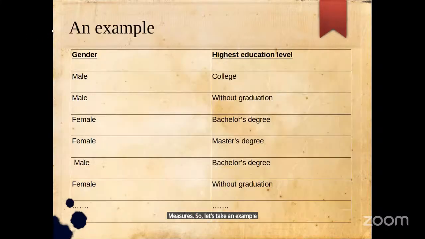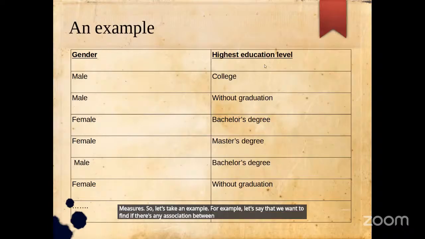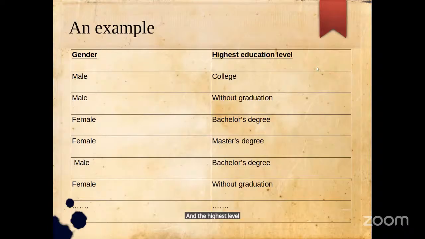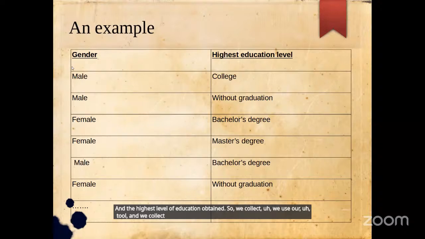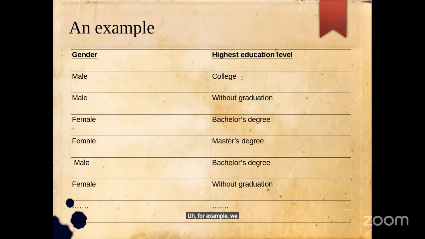So let's take an example. Let's say that we want to find if there is any association between gender and the highest level of education obtained. We use our tool and we collect our data. For example, we have this male whose highest education level is college, then another male without graduation, and so on.